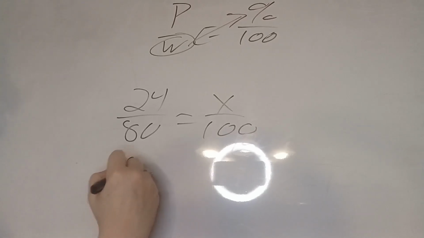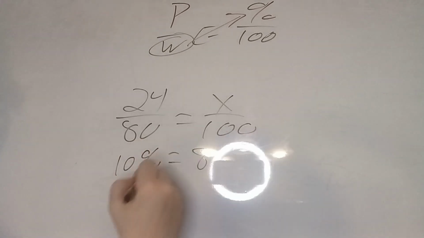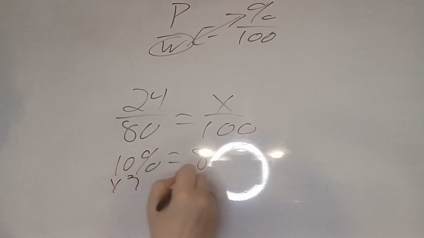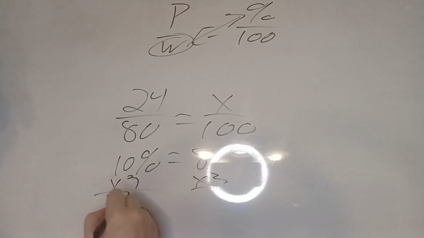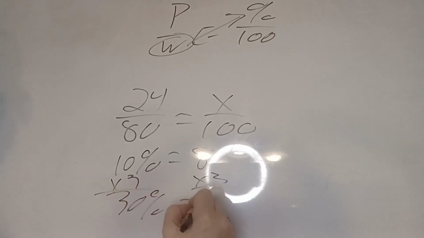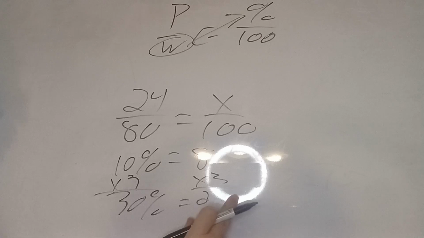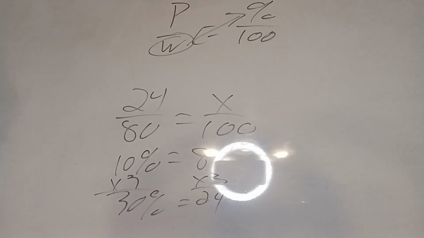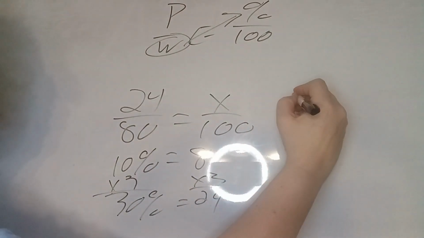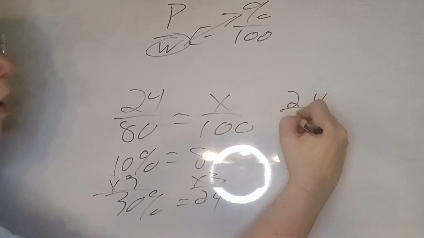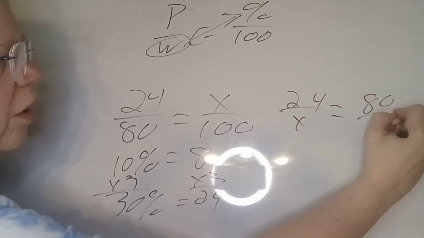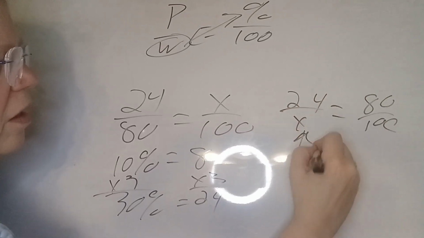Now it's easy. 10% is 8. So times 3, 30% is 24. So that means that 24 over X equals 80 over 100. This is 30.